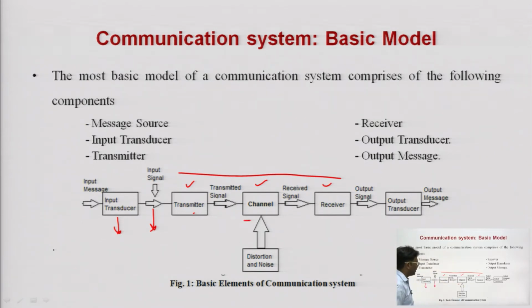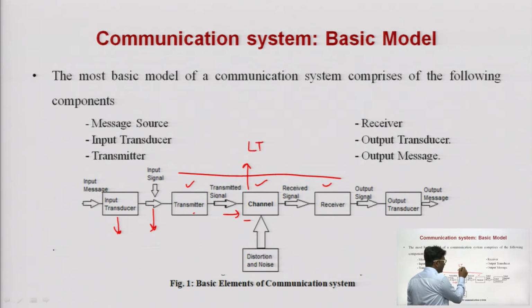The channel behaves as a system. It takes the transmitted signal, and obviously in a communication system this channel is not an LTI channel, a linear time invariant channel, because the channel is not only varying with respect to time, its behavior is unpredictable. So, it is also not a linear channel. This is normally a non-linear time variant channel.